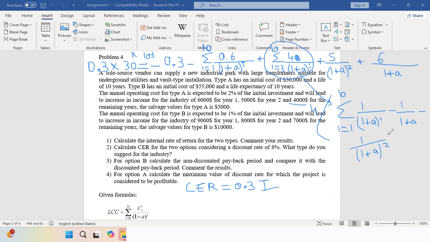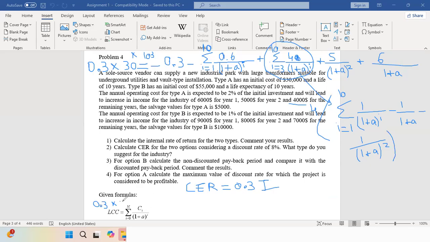Okay, and now I can rearrange my terms. So the equation will be of the following form. 0.3 times 30, of course, I can take this term to the other side.